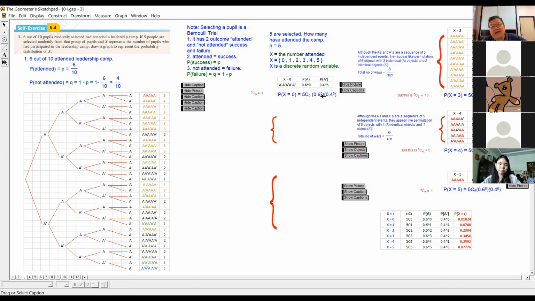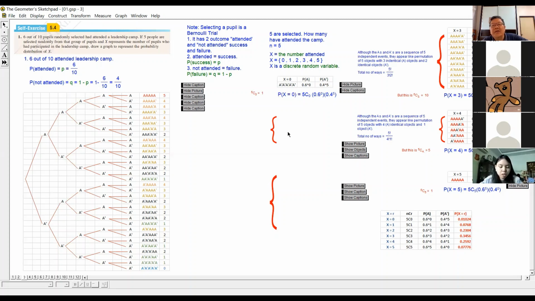Then if nobody attended, how many didn't attend? Altogether 5. So it's 0.4 to the power of 5. So all the three components are there, right?